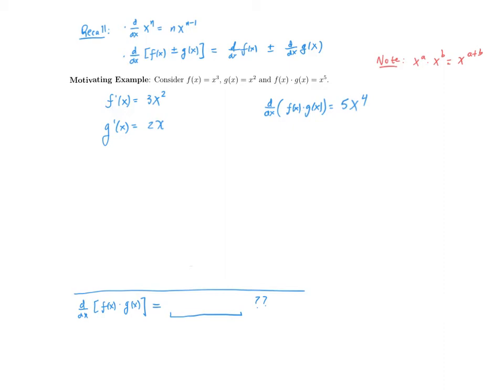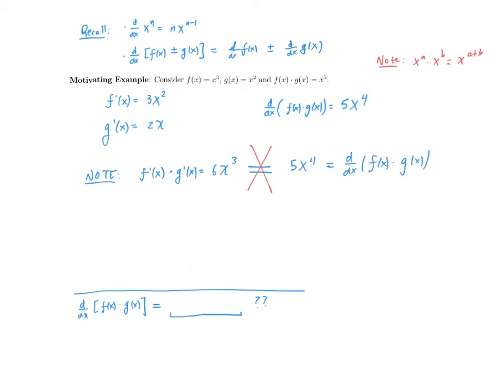So note, in terms of this specific example, what we have observed is f prime of x times g prime of x would be 6x cubed, which is not equal to 5x to the fourth, which is the derivative of f times g.